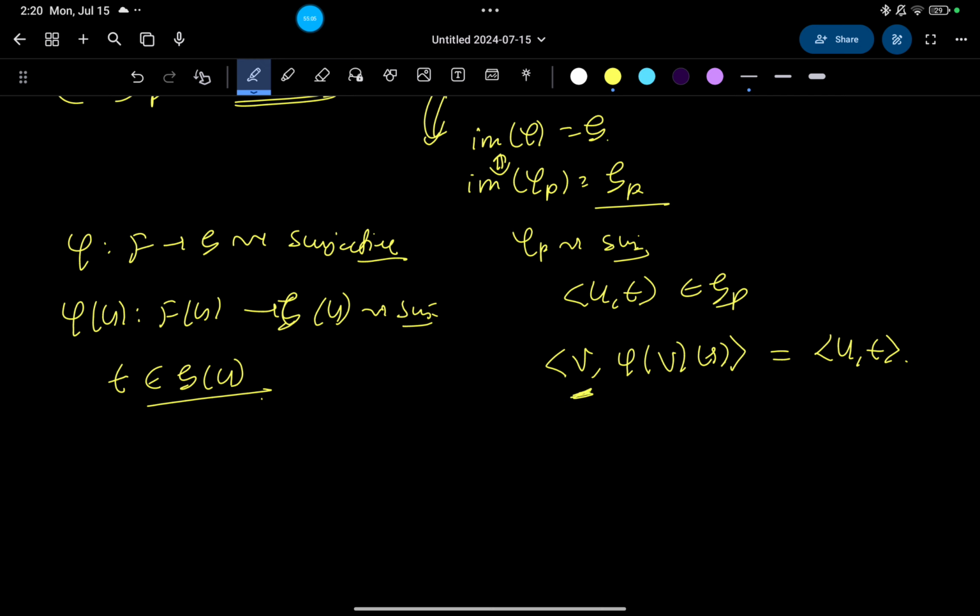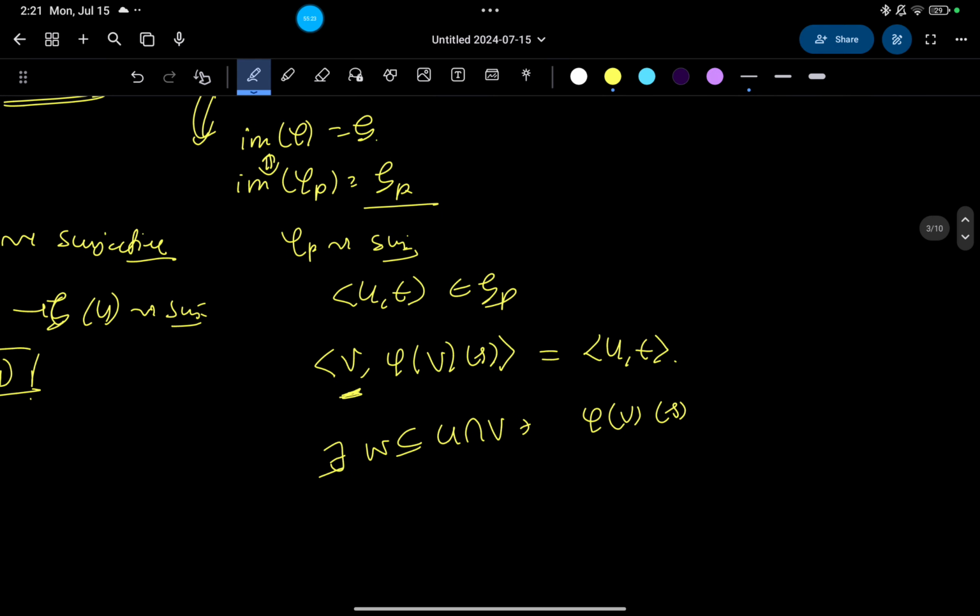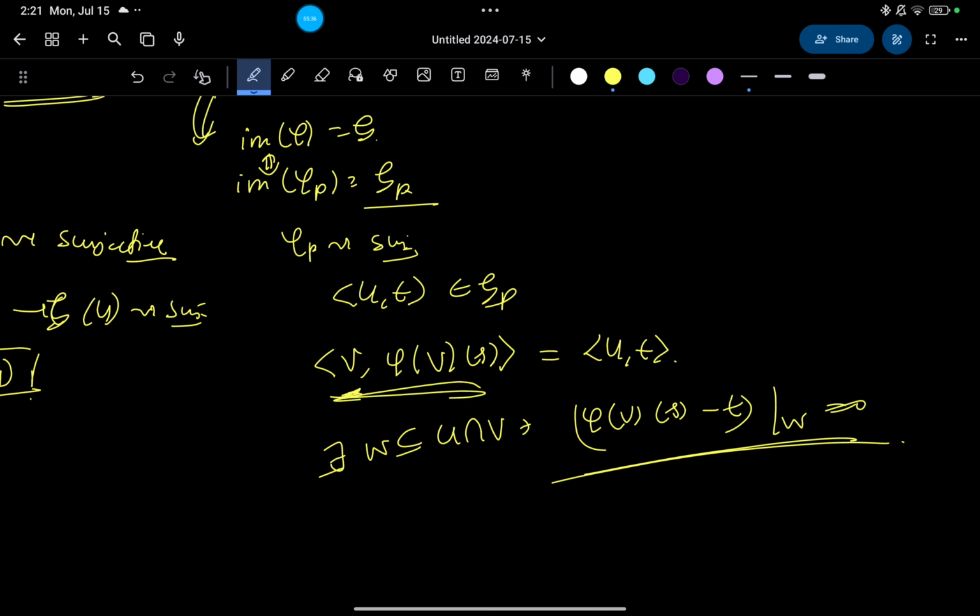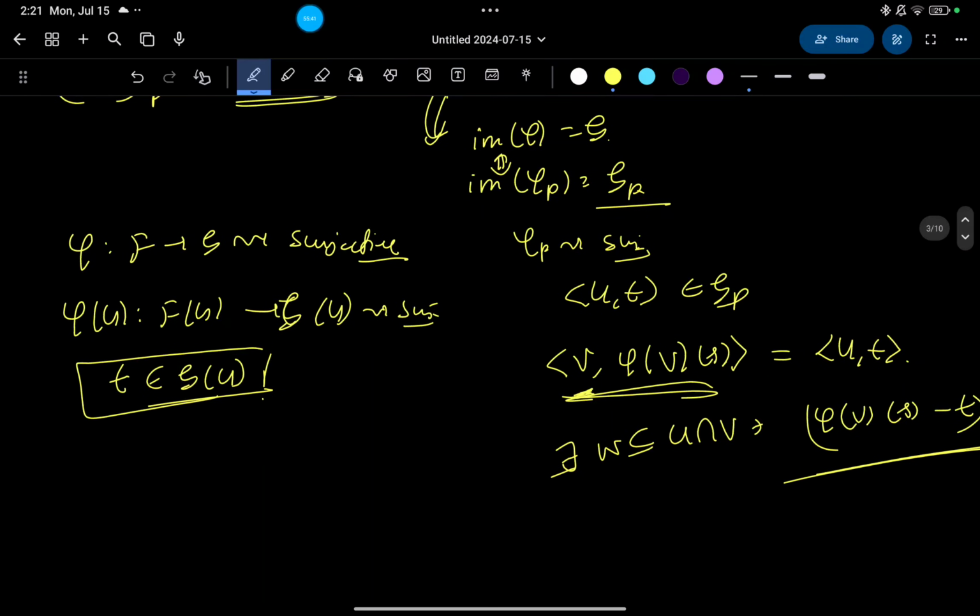Can anyone tell me for sure? Because I just know that t belongs to g of u, and it may be that there exists some w subset of the intersection v such that phi of v of s minus t restricted to the entire w is 0. Nobody can force me that this has to be u itself. So that means this might change. I cannot get back to u every time.